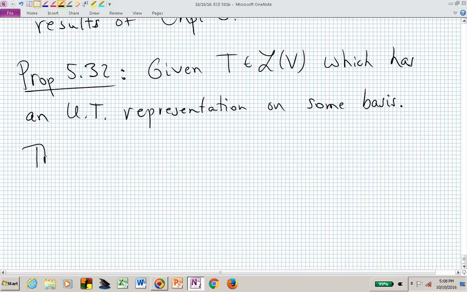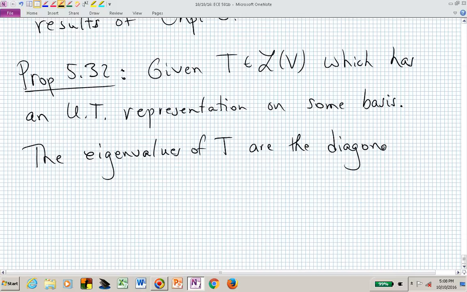The eigenvalues of this linear operator T are the diagonal entries of the upper triangular matrix.